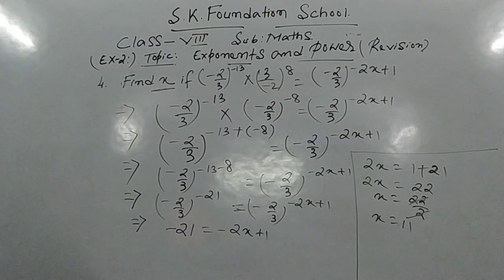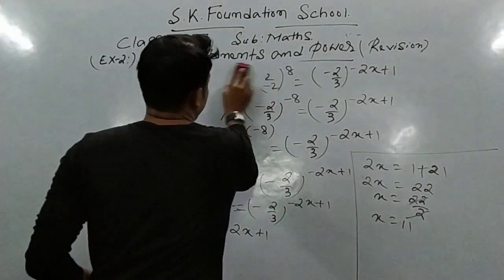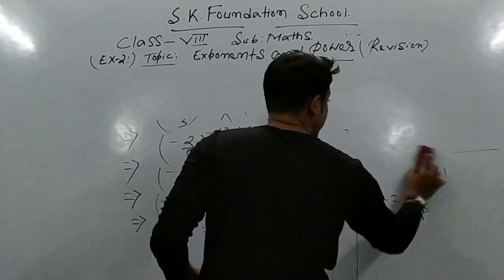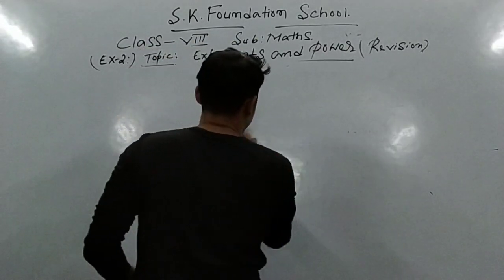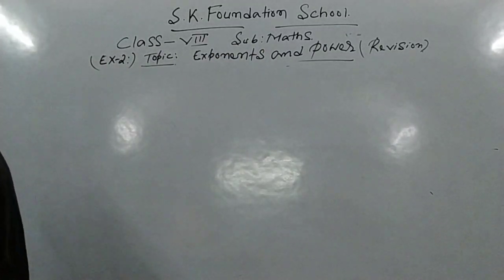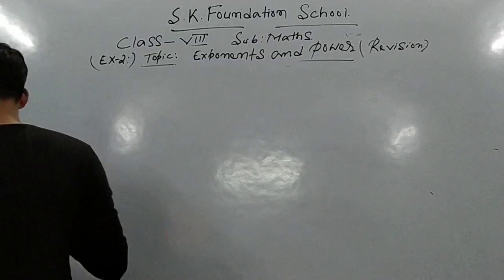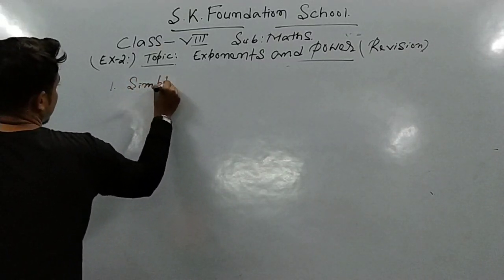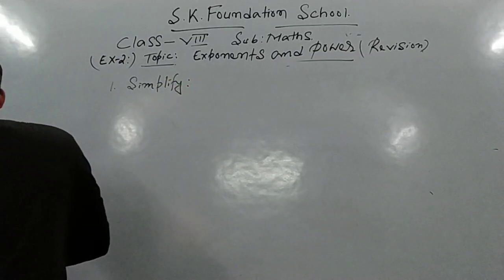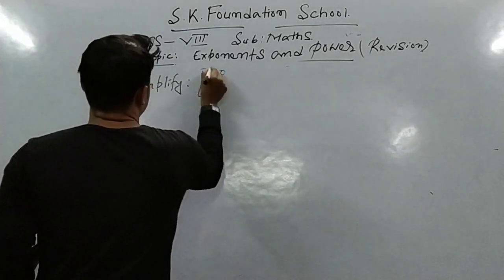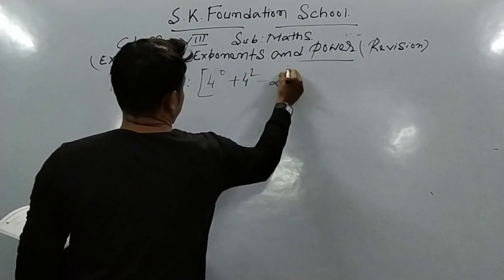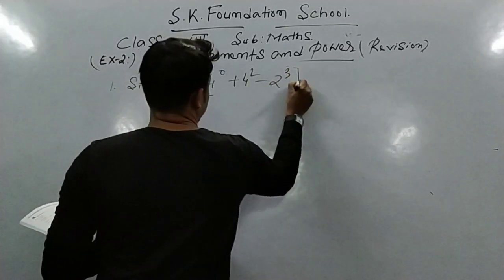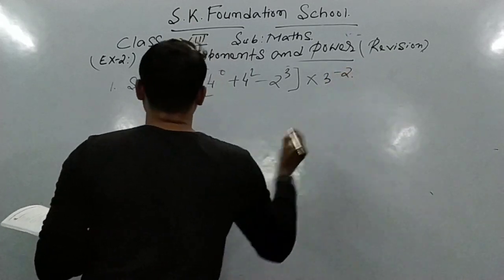So students, now note down your homework. Simplify 4 to the power 0, 4 square minus 2 cube into 3 to the power minus 2.